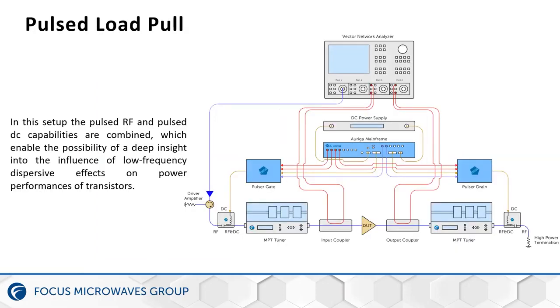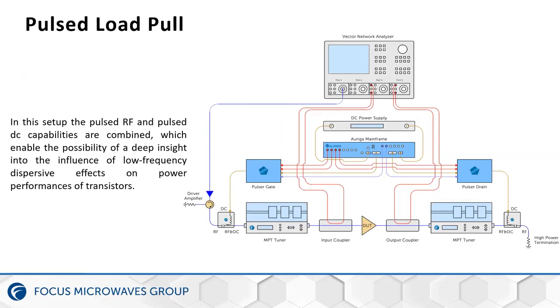And finally, I will talk about pulsed load pull systems. As we talked about the pulsed IV conditions, in pulsed load pull, the pulse signal also plays a very important role when we are talking about large signal device characterization. In large signal device characterization, high power devices might have self-heating and memory effect issues that can severely affect the performance of the power amplifier.